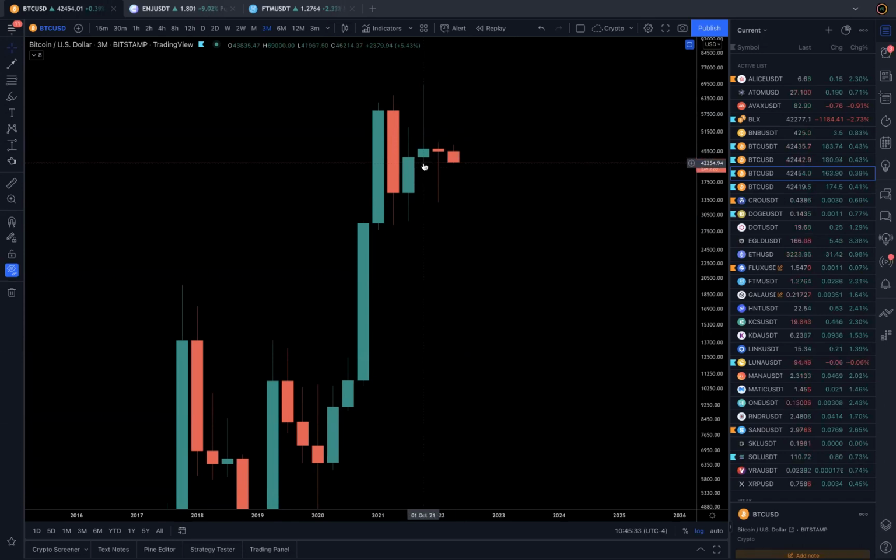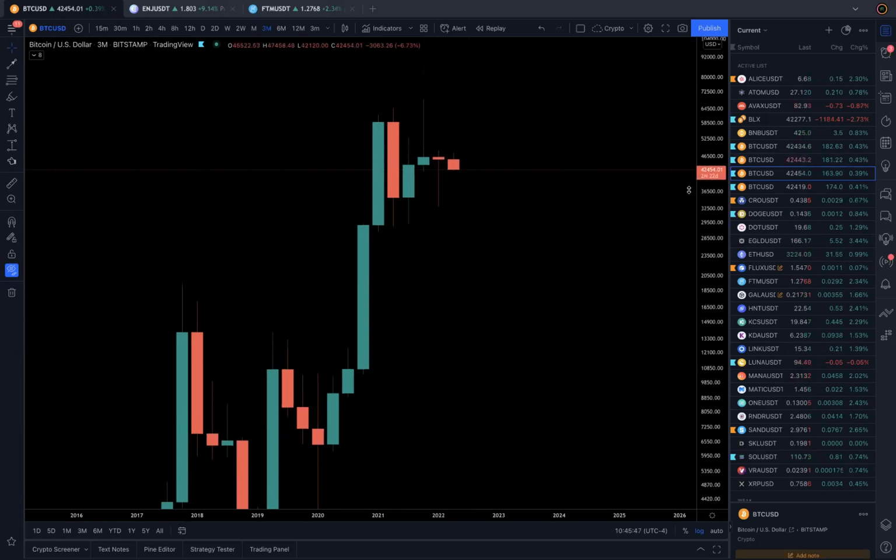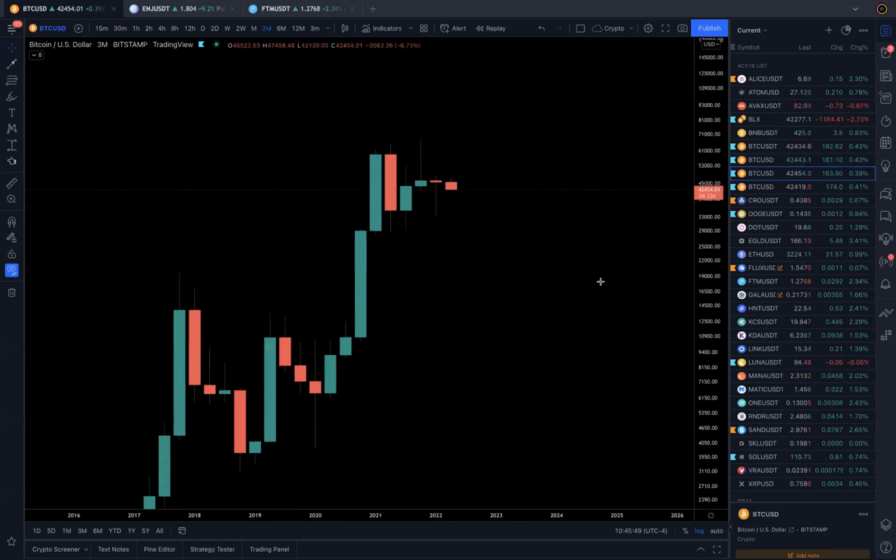If it breaks below that one, it also gives a bearish signal for sure. And you can make out from these three candles that it's showing weakness, right? So it's definitely on edge, definitely on edge.